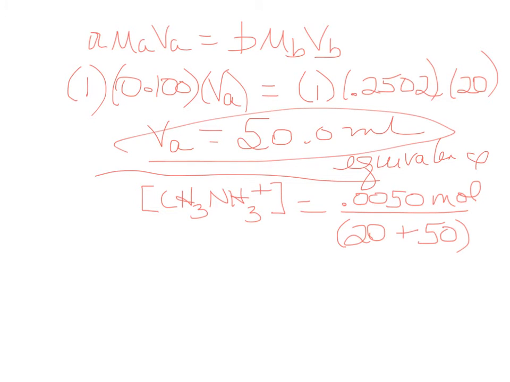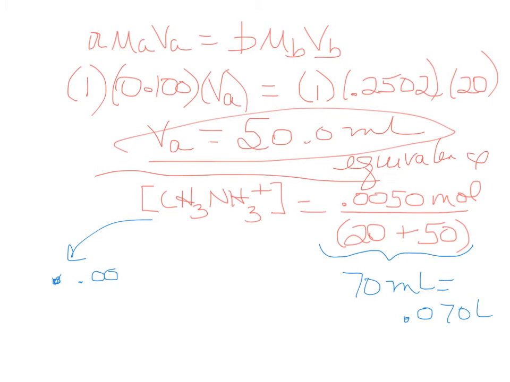And of course, now at this point, to get molarity, we do need to convert the milliliters to liters. So the concentration of conjugate acid is 0.0714 molar.